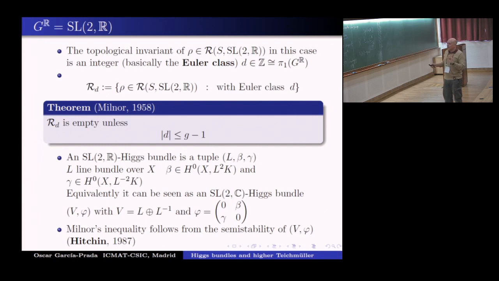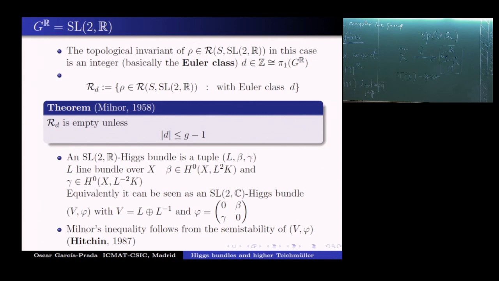I am not going to give any proofs in these two lectures, but this is the one proof that I can give because it's so easy. Of course, Milnor's result is not easy at all, at least for me, but it's easy once you know the equivalence, which is not easy, of course. Let me show how you can prove Milnor's inequality using Higgs bundles.